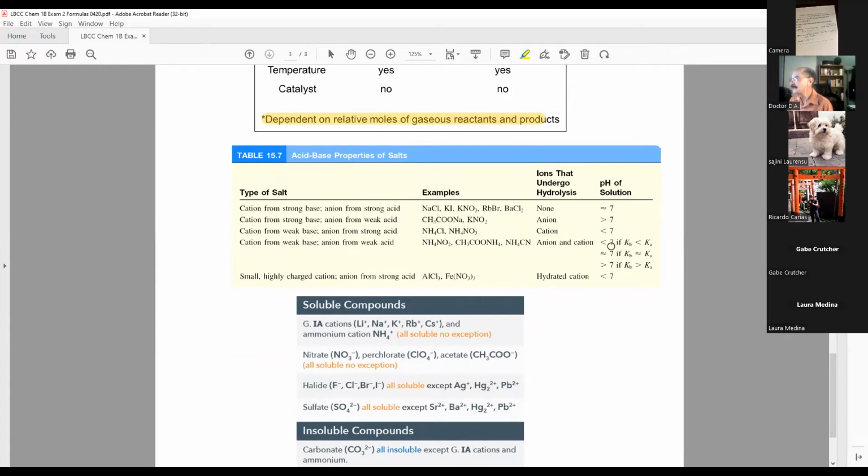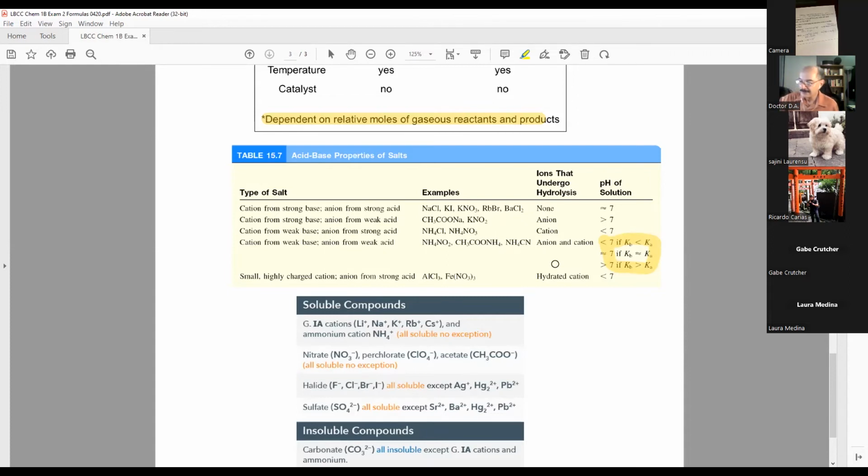So it says here that you want to compare the relative values of Kb and Ka. So I'm gonna let you guys figure that one out.